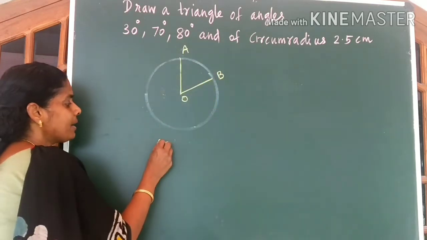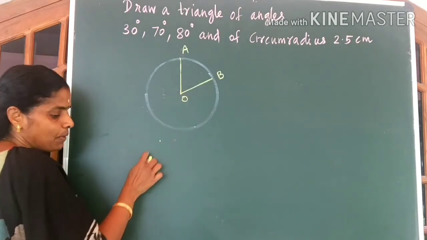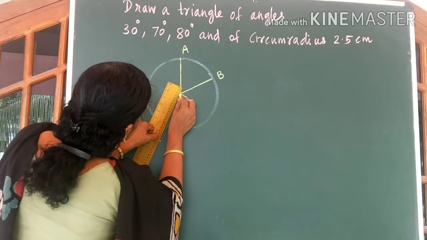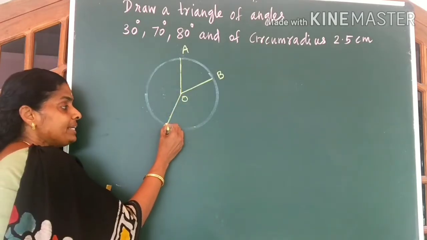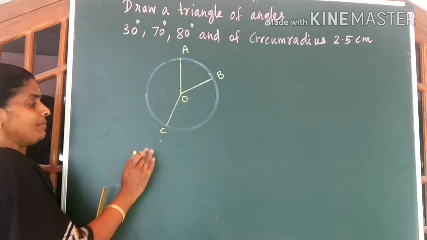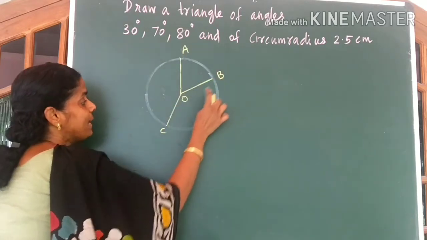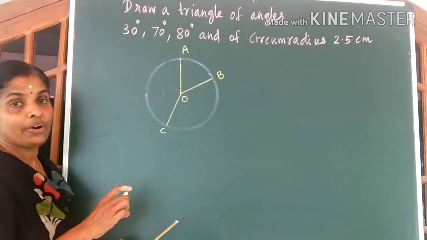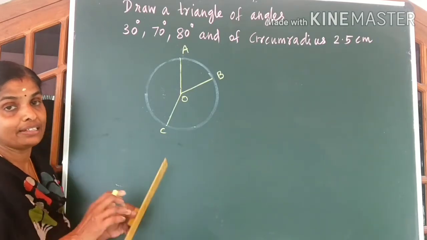So I mark this point. Now join O to this point. The point where the line cuts the circle is named as C. Now we got the points A, B and C. Now join all these points to get a triangle.